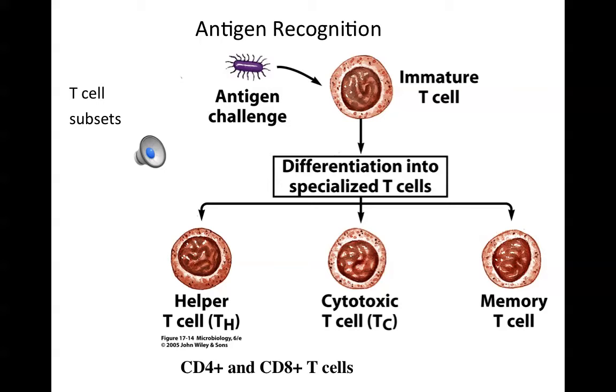T helper cells have been identified as carrying a structure on their cytoplasmic membrane that's designated CD4 positive. Cytotoxic T cells have been identified as carrying a marker designated CD8 positive. And so the language of an immunologist is often like alphabet soup.